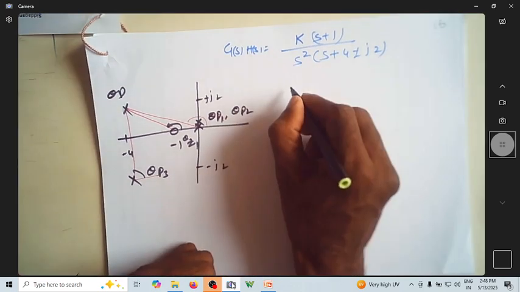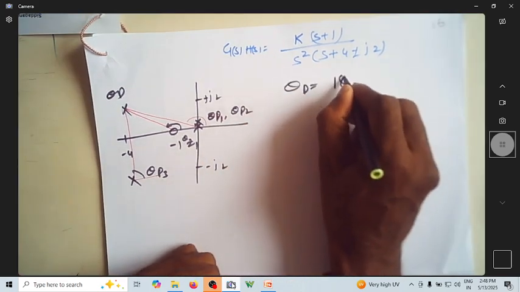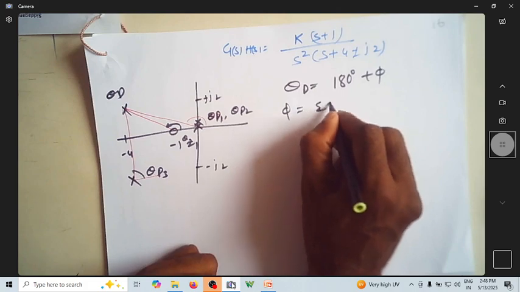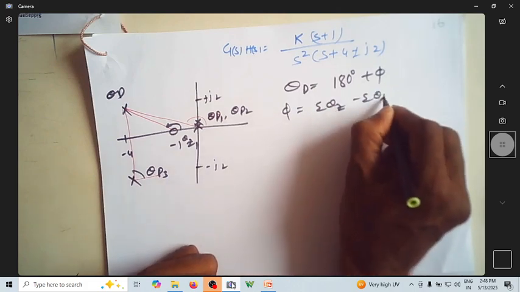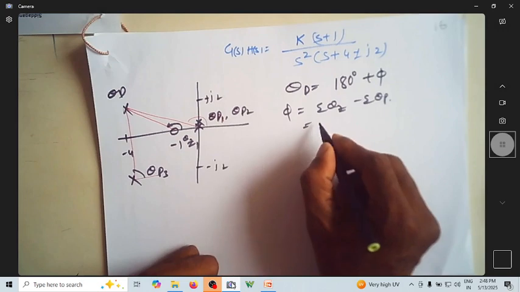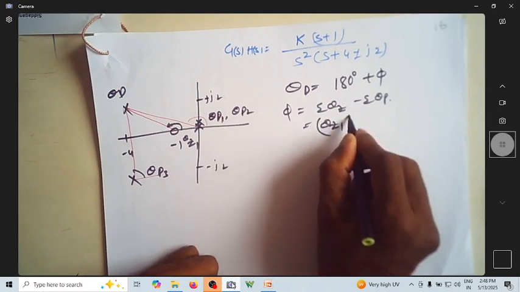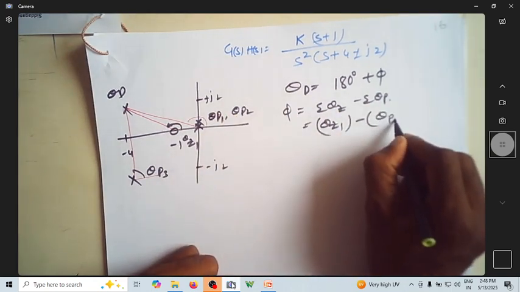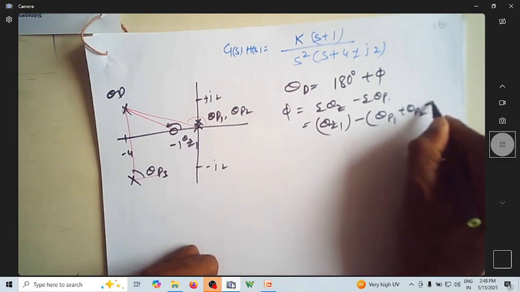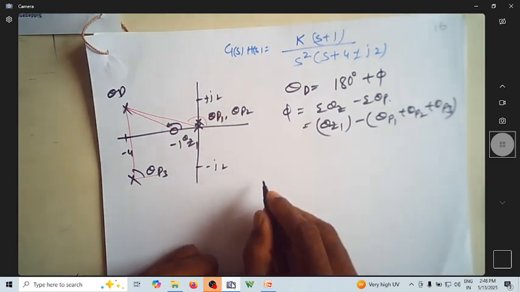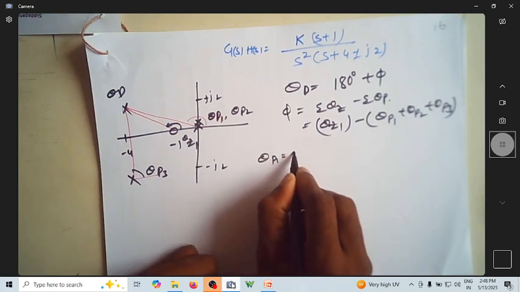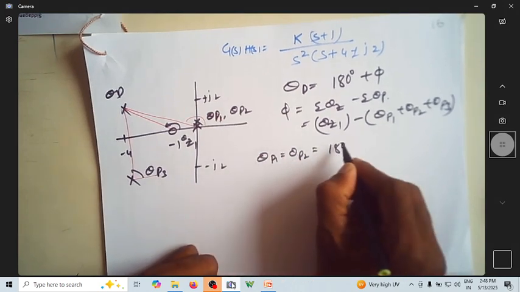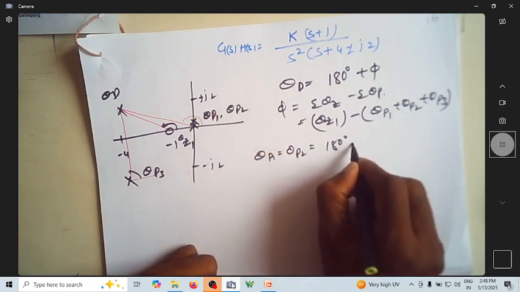Correct? So what is theta D? It is 180 degrees plus phi. This phi is nothing but the summation of theta Z minus the summation of theta P. For Z you have only theta Z1, minus, here you actually have three theta P's: theta P1 plus theta P2 plus theta P3. I know theta P1 is equal to theta P2, which is 180 degrees minus this angle.